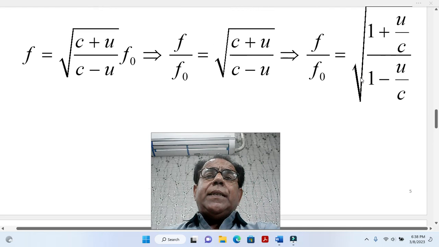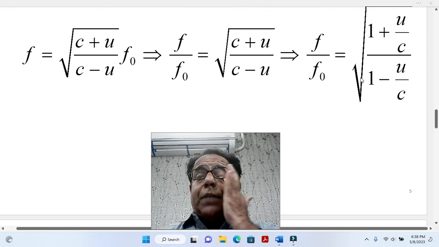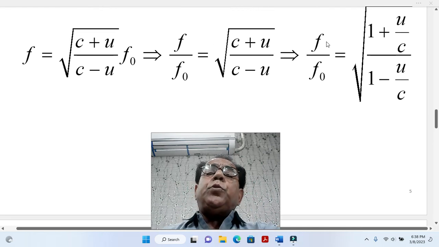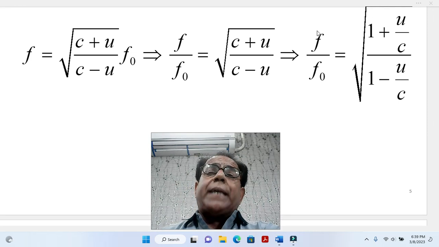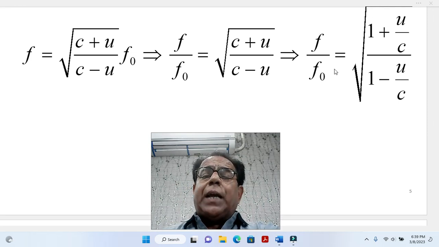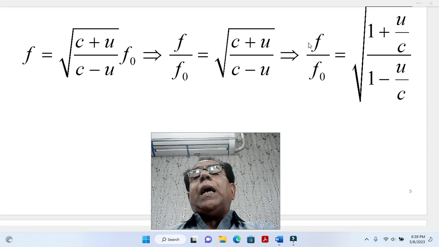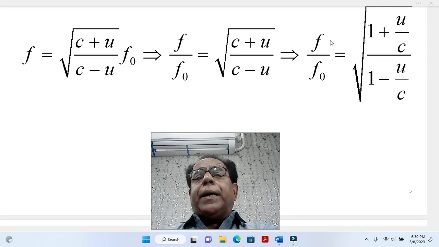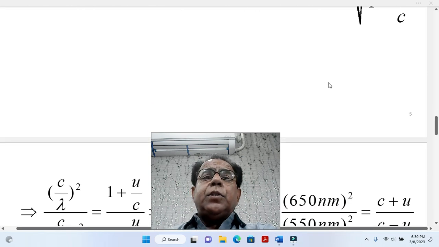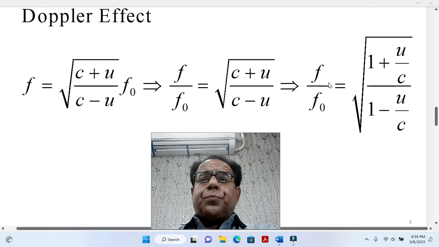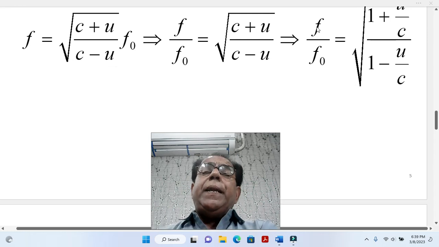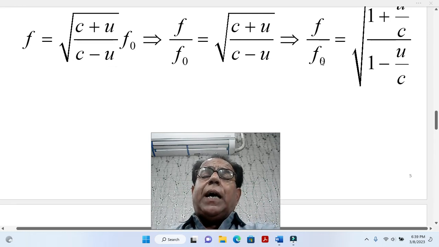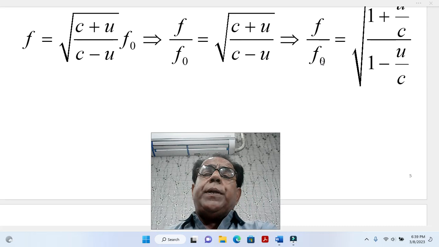We move to the next step. Here, dear students, what we have done is use tool number 2, the second tool, in place of f and f naught, because f is equal to c over lambda and f naught is equal to c over lambda naught. So we have replaced f and f naught with their corresponding lambda reciprocal values.